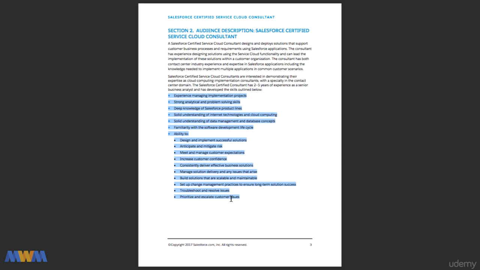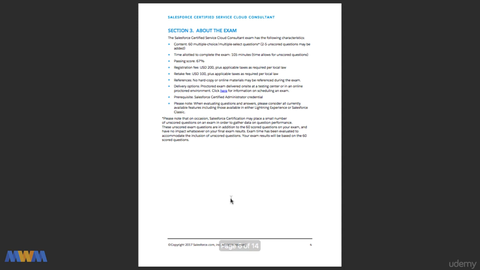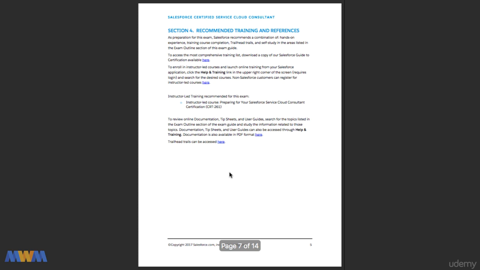These are optional Trailhead modules that you can complete in order to supplement this course and to get hands-on experience. These are practice activities I provide for you. Then here, once again, are the stats related to the exam in the exam guide, and recommended training and references. These are the same as what you found on the website.